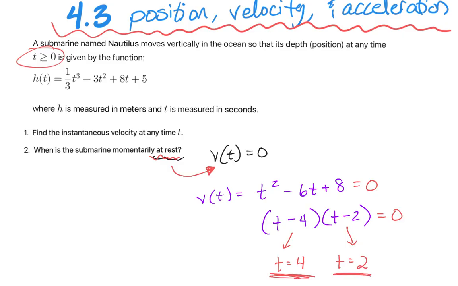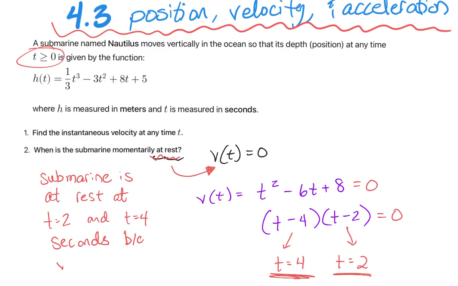There are 2 times when our submarine is at rest. Submarine is at rest at t equals 2 and t equals 4 seconds.